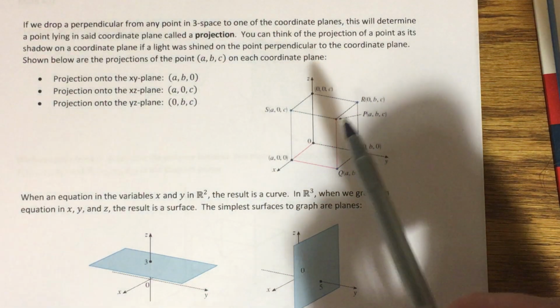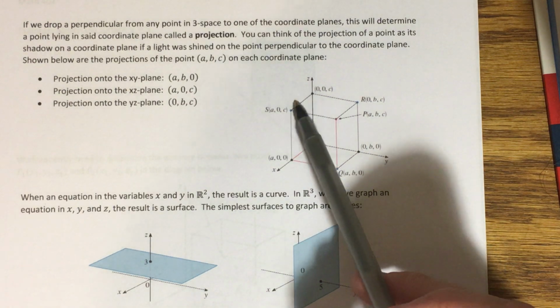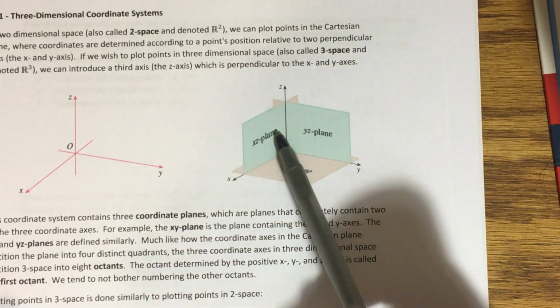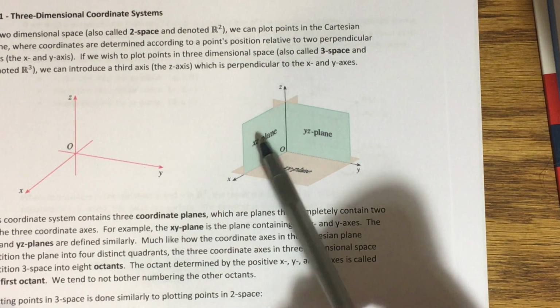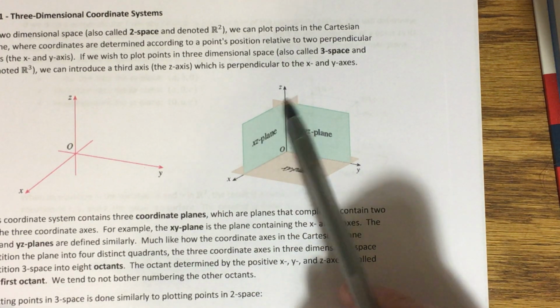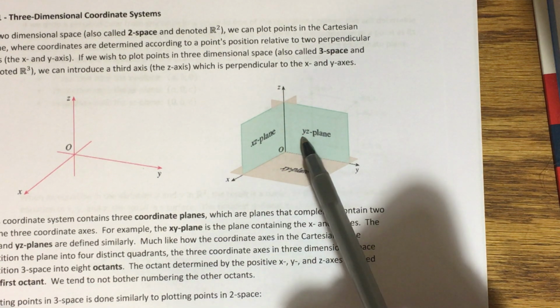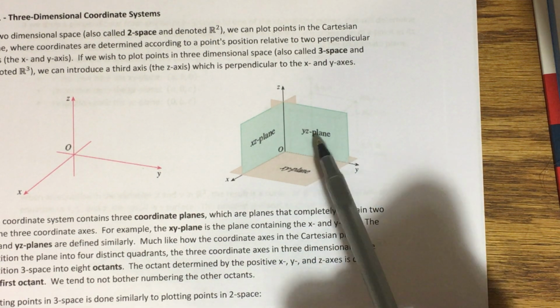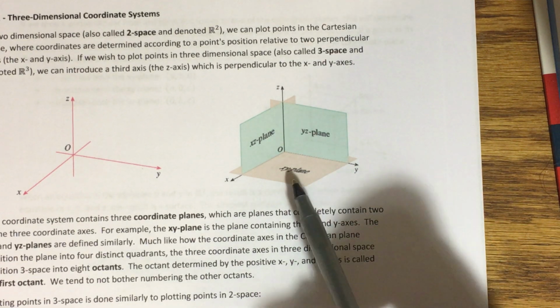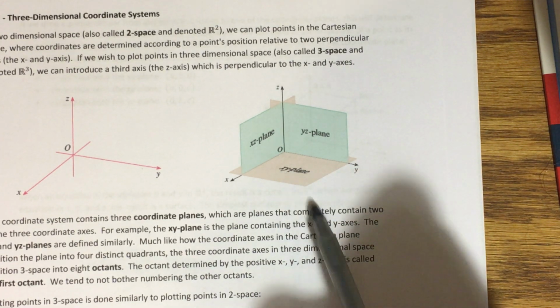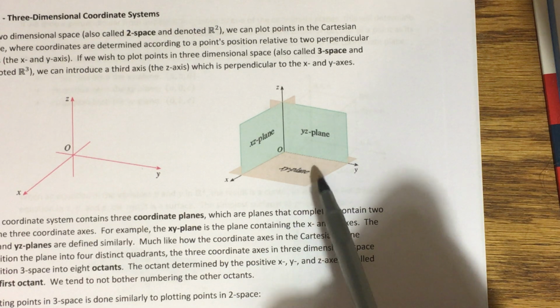Now notice, let me go back here where we have the coordinate planes labeled. In each of your coordinate planes, the xz plane, for example, all of the points in the xz plane have a y-coordinate of 0. In the yz plane, all of the points have an x-coordinate of 0. And you can probably guess in the xy plane, all of the points have a z-coordinate of 0.